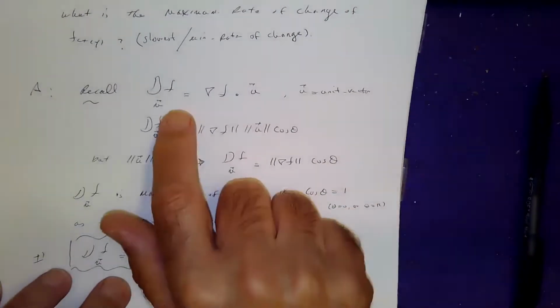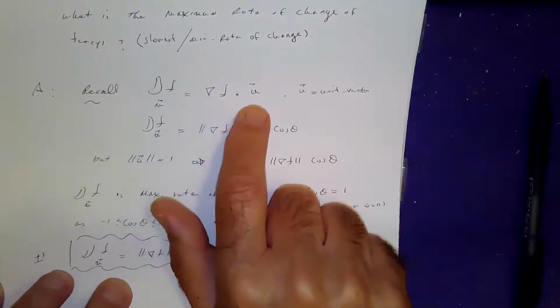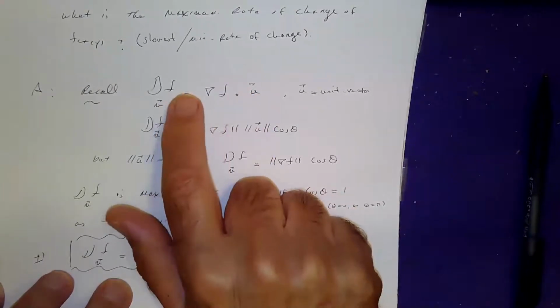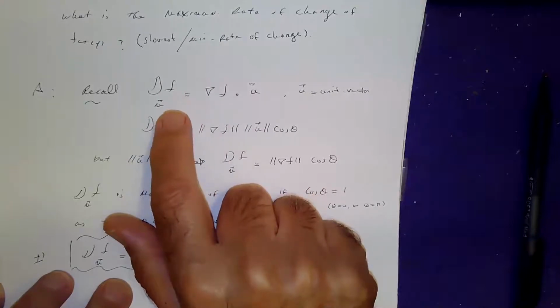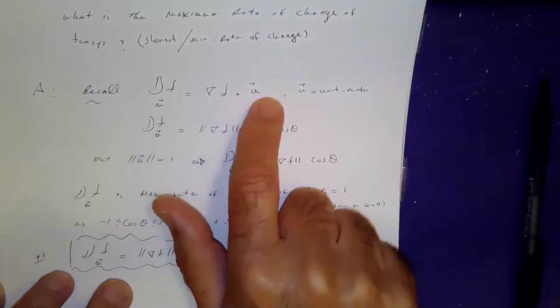Remember the definition, at least the formula we use for homework purposes. Directional derivative of f in the direction of unit vector u is the gradient of f dotted with the unit vector.